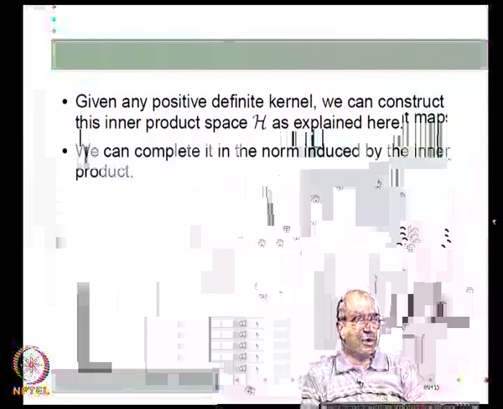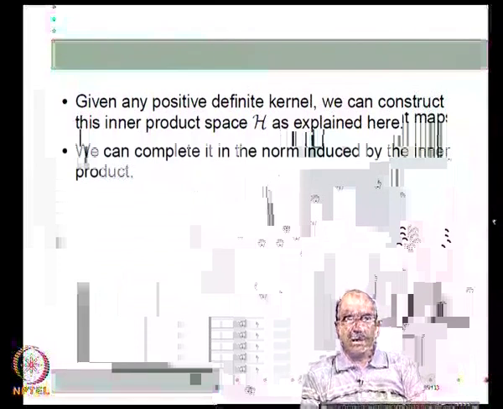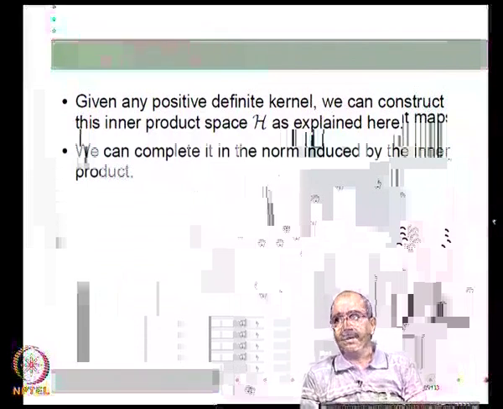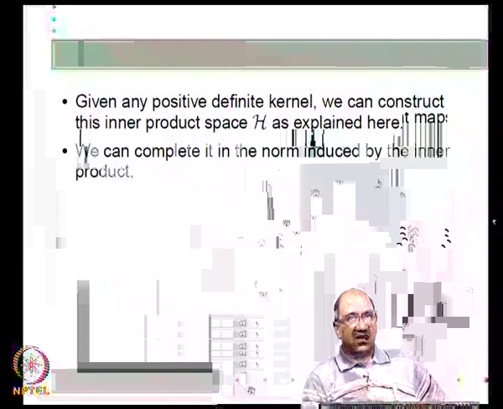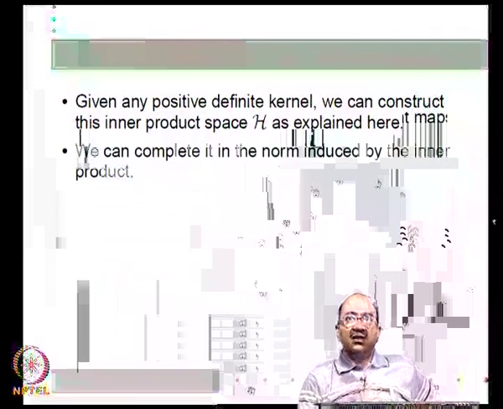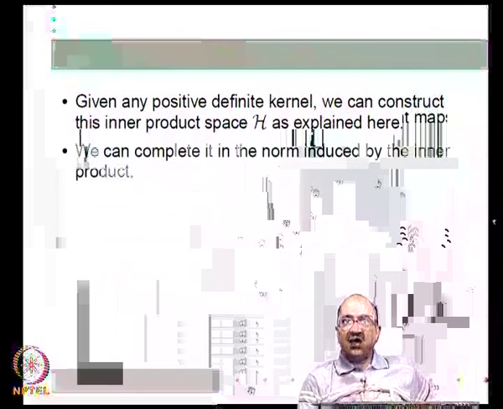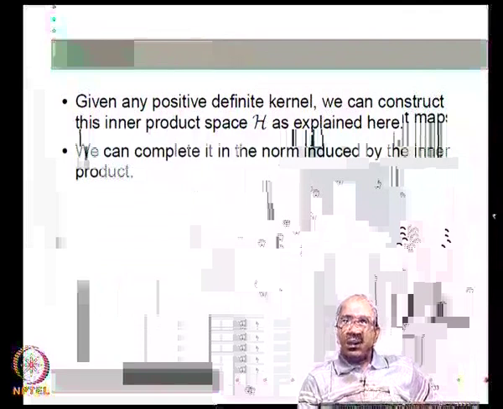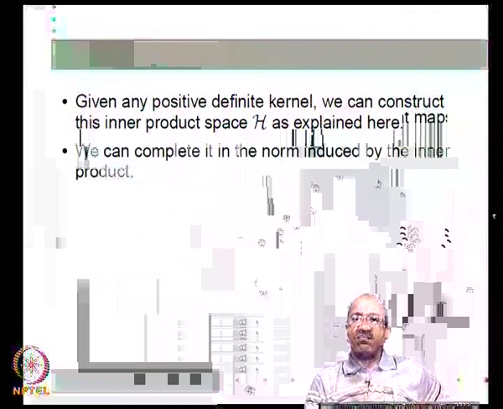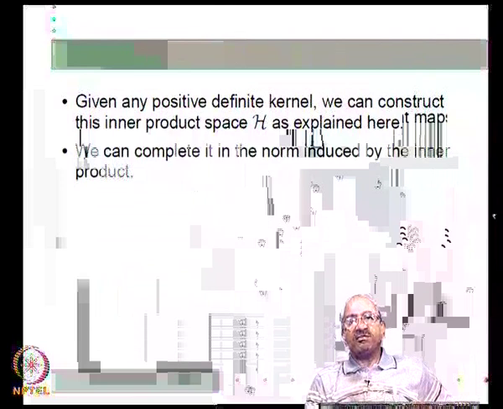What do I mean by complete? An inner product obviously gives me a metric, right. If I have an inner product between two elements f and g, then I can have a norm for f, where norm f squared is the inner product of f with f, and I will define the distance between f and g as the norm of f minus g.